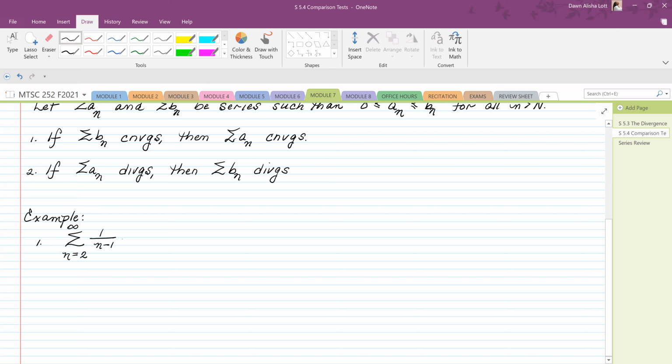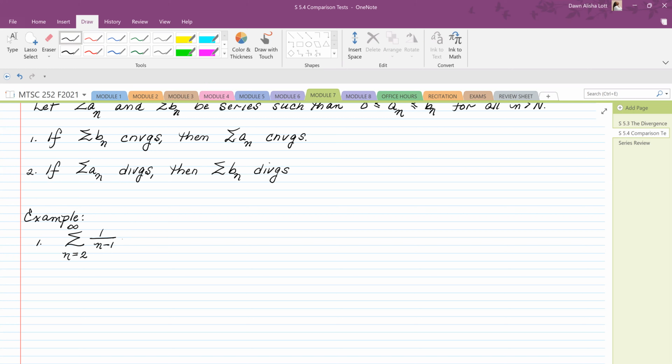Now this kind of looks like the harmonic series. The harmonic series starts off with 1 plus a half plus a third plus a fourth. Well, this one starts off with a half plus a third plus a fourth. So the only difference between this series and the harmonic series is the very first term.